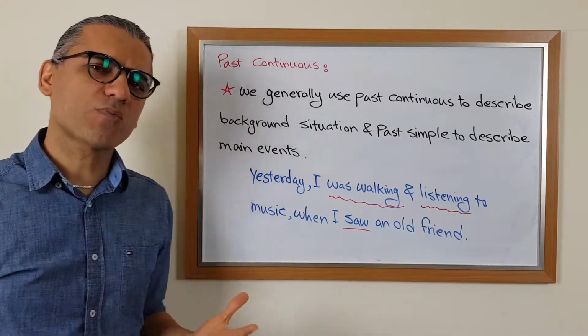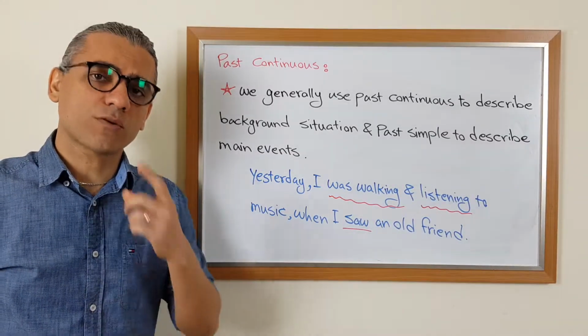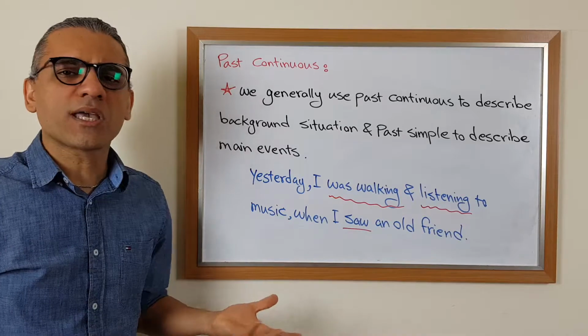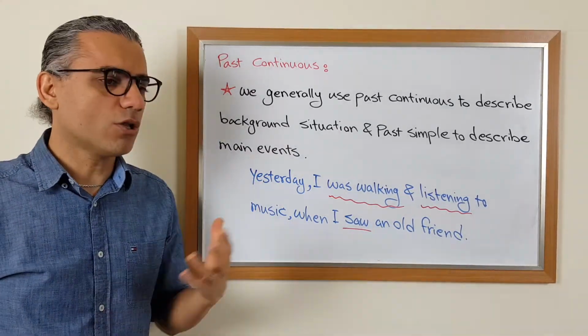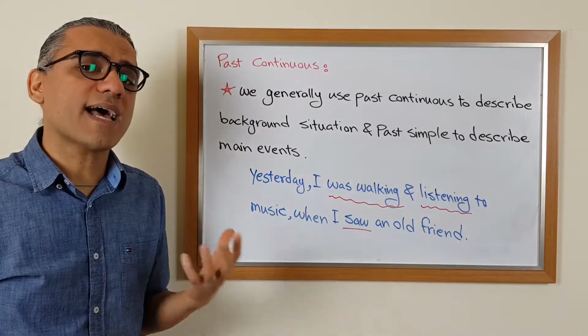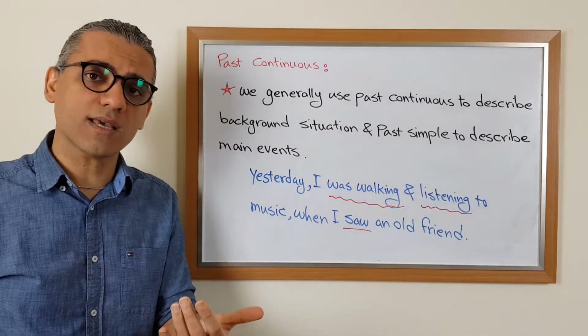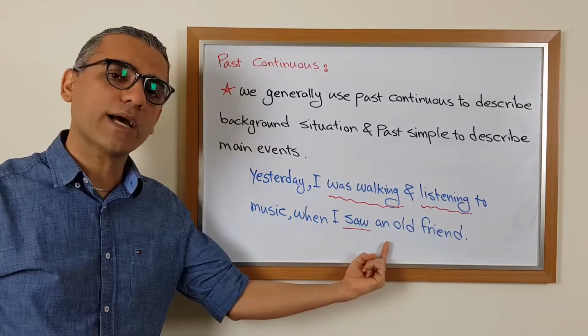We generally use past continuous to describe the background events or the background situation in a story. Like yesterday, I was walking and listening to music and looking at people, looking at the stores. Nothing is happening in here. We are just describing the scene. We are setting the scene for the main event, which is this sentence. I saw an old friend.